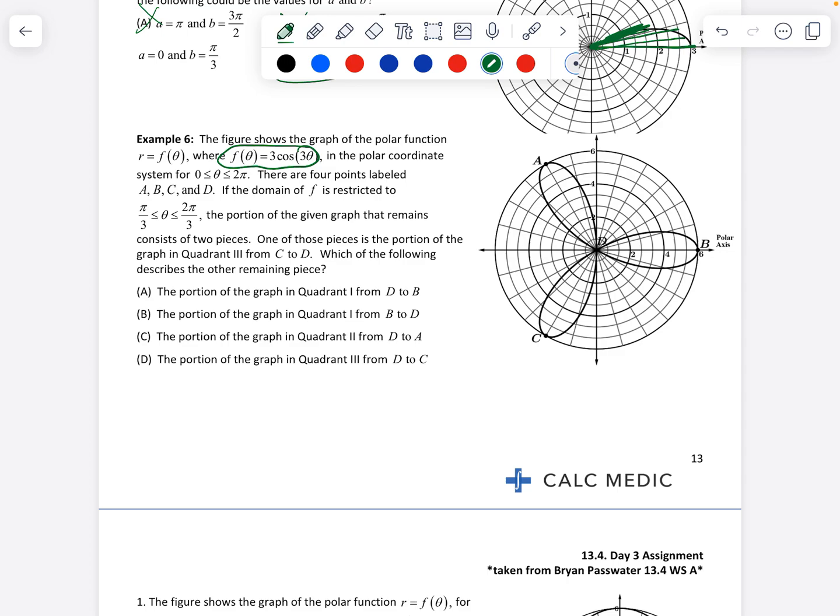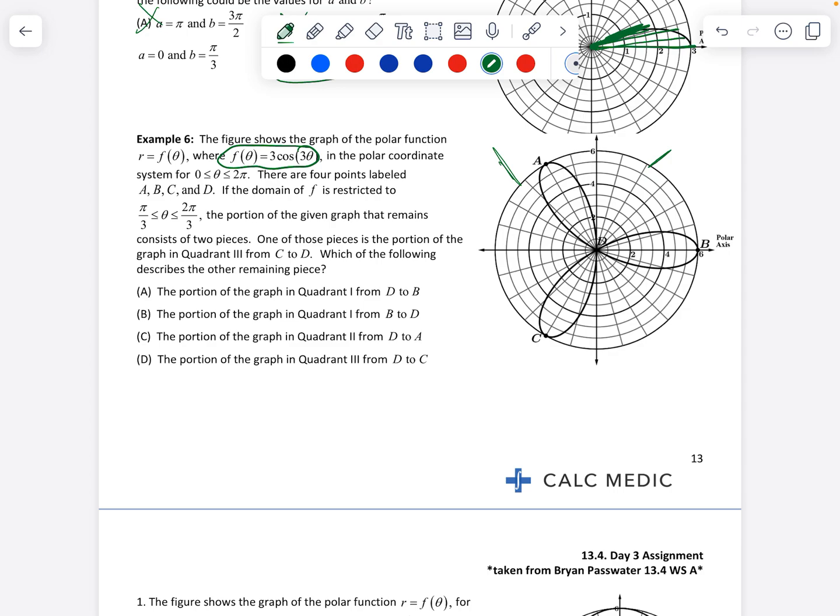So if I restrict it to pi over 3 and 2 pi over 3, the portion of the graph that remains consists of 2 pieces. One of those pieces is the portion that is in quadrant 3 from C to D. Which of the options describes that?